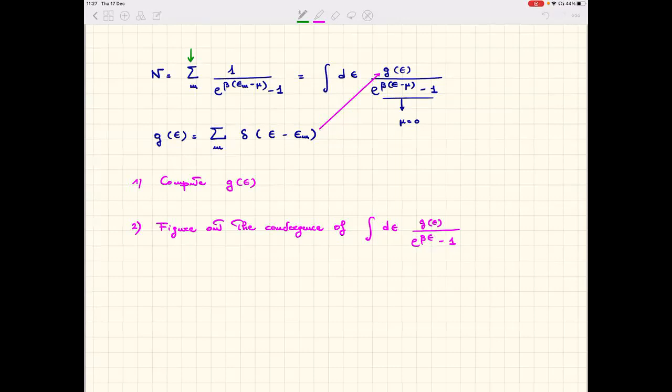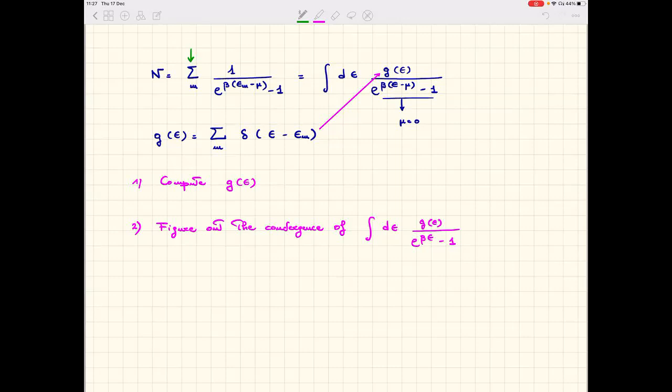Then I'm saying you can always rewrite this sum as an integral over energies, provided the d epsilon is multiplied by the function g of epsilon, that is the density of states. Okay?